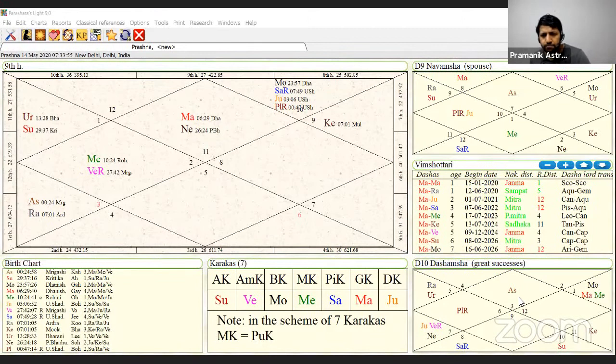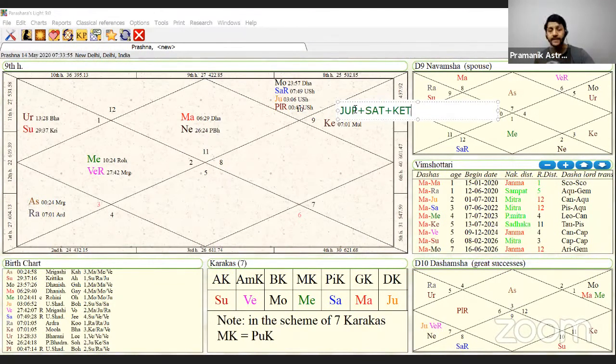Next is Padmaja Manpati. Retrograde Jupiter, Saturn, and Ketu in 11th house, aspected by Mars from the 4th. Jupiter plus Saturn plus Ketu. Okay.